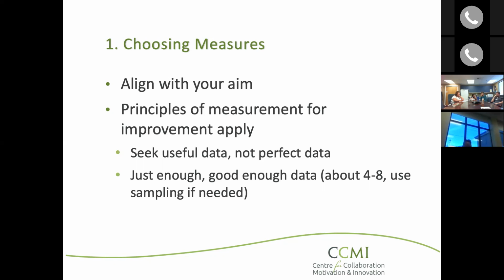When I've spoken to statisticians about sampling and improvement, they remind me that the principles of measurement for improvement apply. Useful data, not perfect data. When they speak about sampling, they say it's really about trust. Just having even 10 cases is probably all you need.